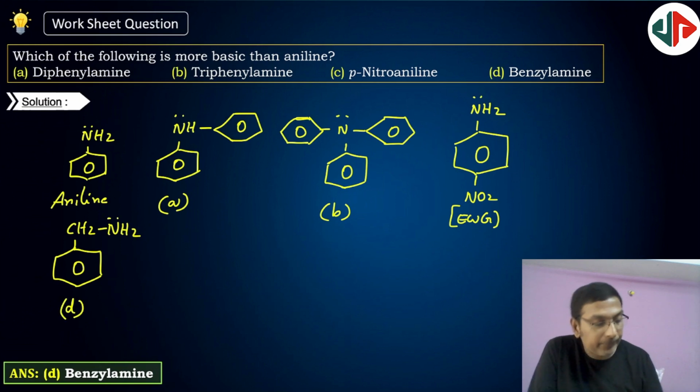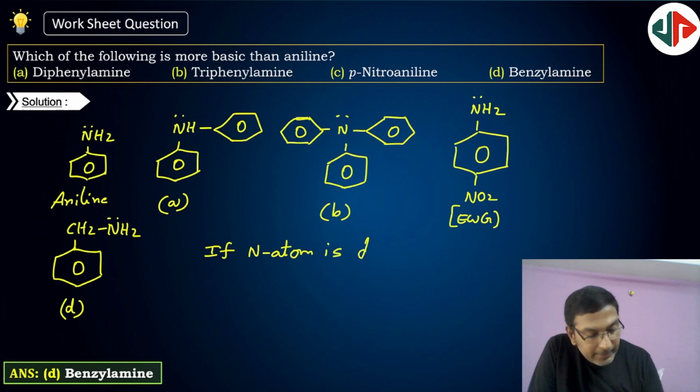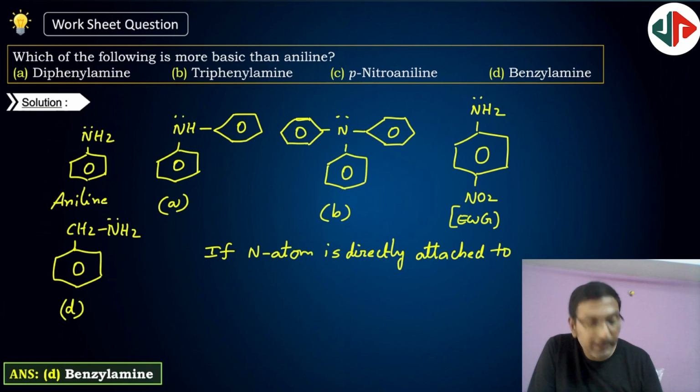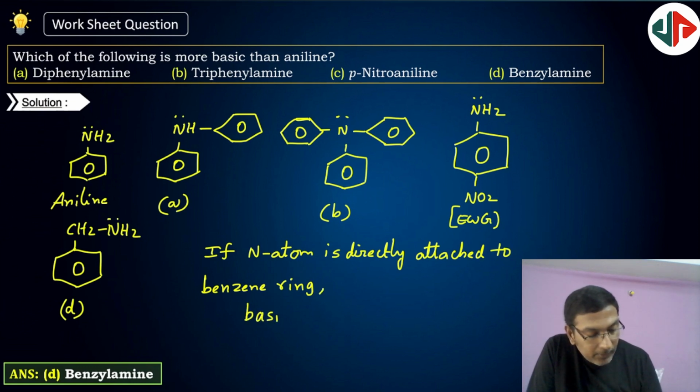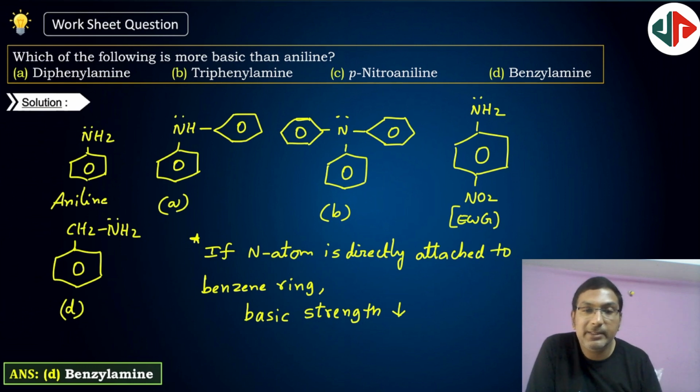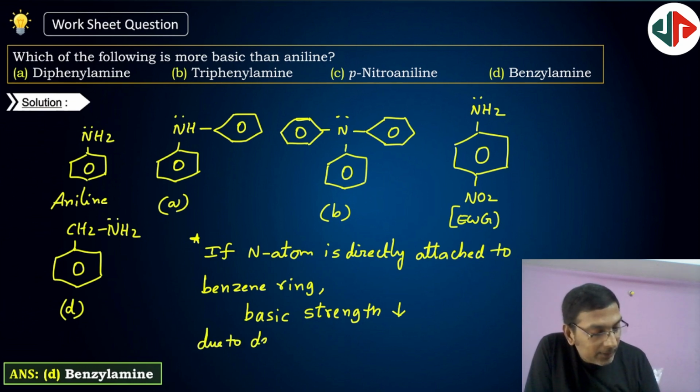This is option D. See here in A, B, C, the nitrogen atom is directly attached to the benzene ring. If the nitrogen atom is directly attached to the benzene ring, basic strength decreases due to delocalization of the lone pair of nitrogen.